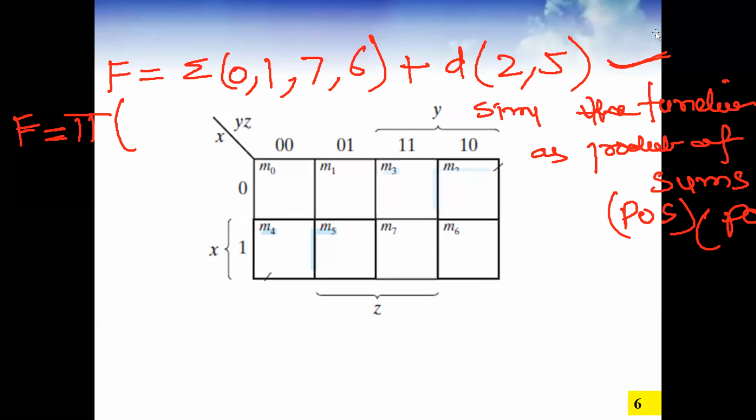So those don't cares will be the same for both functions. Don't care could not be a maximum as well. And those that are don't care for the given function are going to be the same for the other function, which is the maximum function. So D here will be the same. Here 2.5 will remain the same, no change.